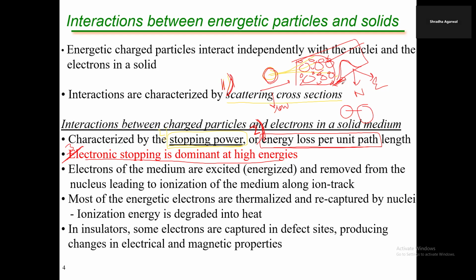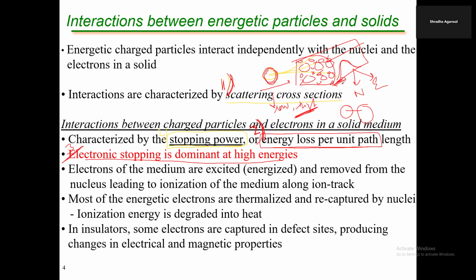But when it has a higher energy, imagine a rocket going through the sky. It experiences a similar kind of force, like friction in the atmosphere, or a friction in the actual solid.